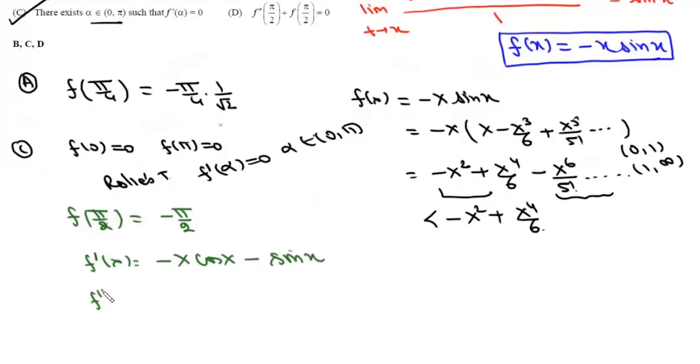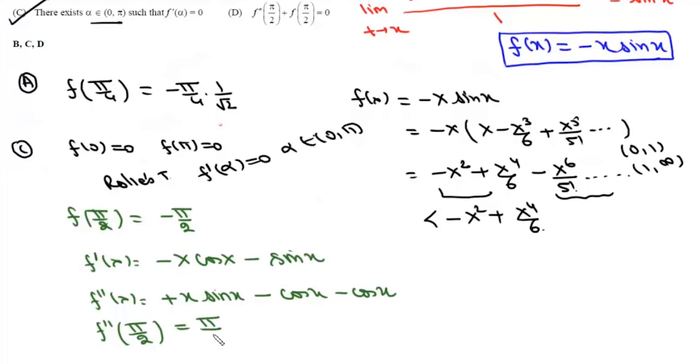And if we differentiate this again, f double dash x will be minus x and minus minus plus will be this sin x minus cos x, and will be this minus cos x. So f double dash pi by 2 will be plus pi by 2 and cos 90 is 0. Now if we add them, plus pi by 2 and minus pi by 2 will cancel. So this value will be 0. So the correct options are B, C and D.